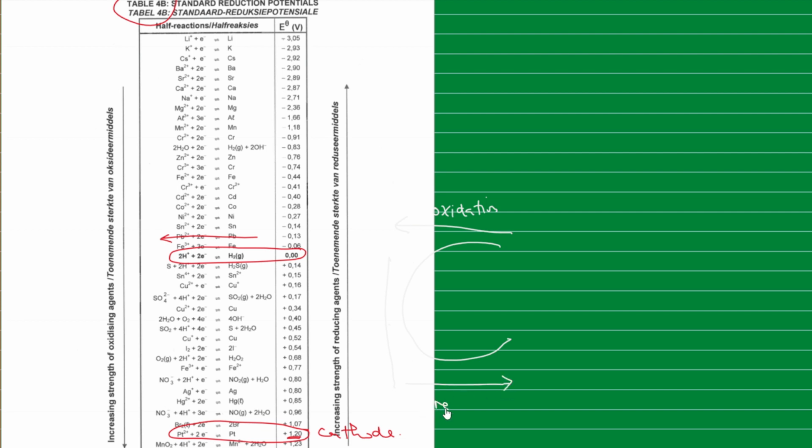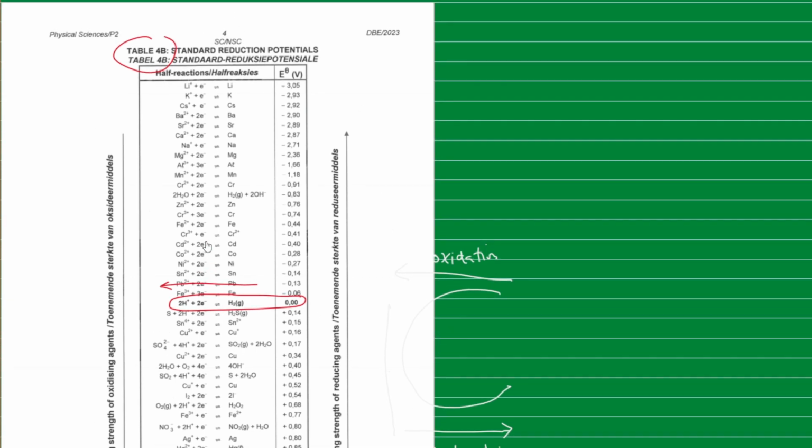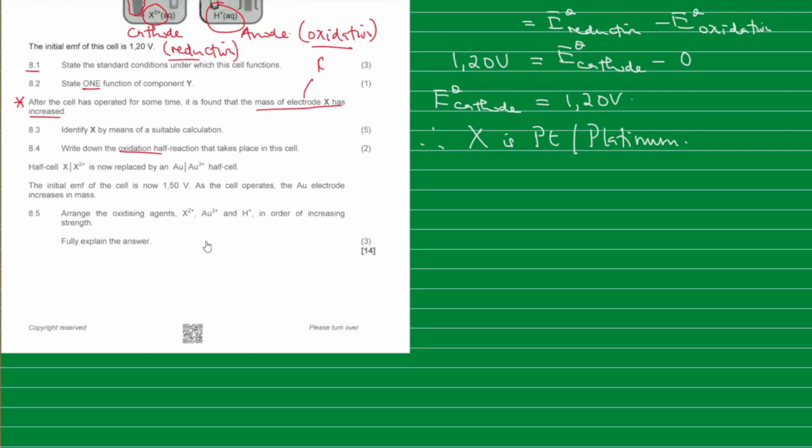The reduction, we write from left to right. That is the gaining. So all equations on our table of reduction potentials, we write as right to left for oxidation. So we are going to write this equation H2 plus 2e, and this is a reversible reaction into 2H plus. We are answering 8.4.